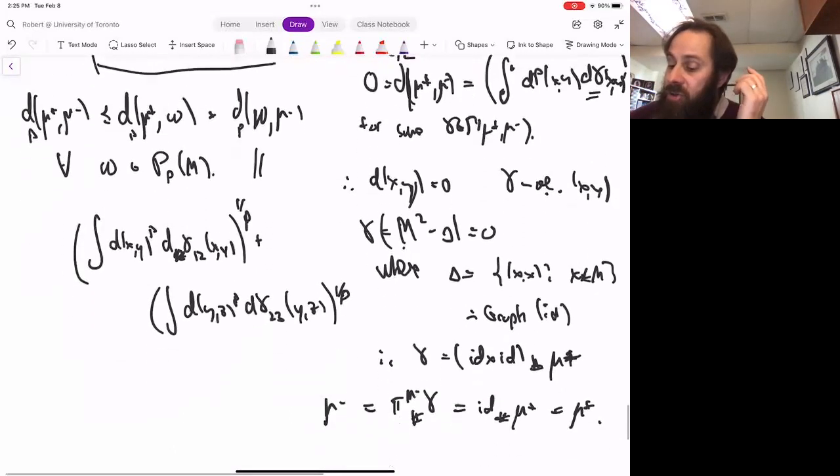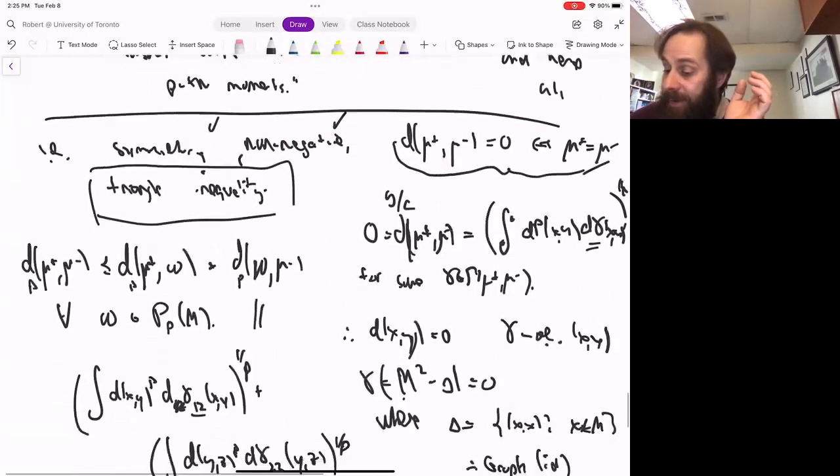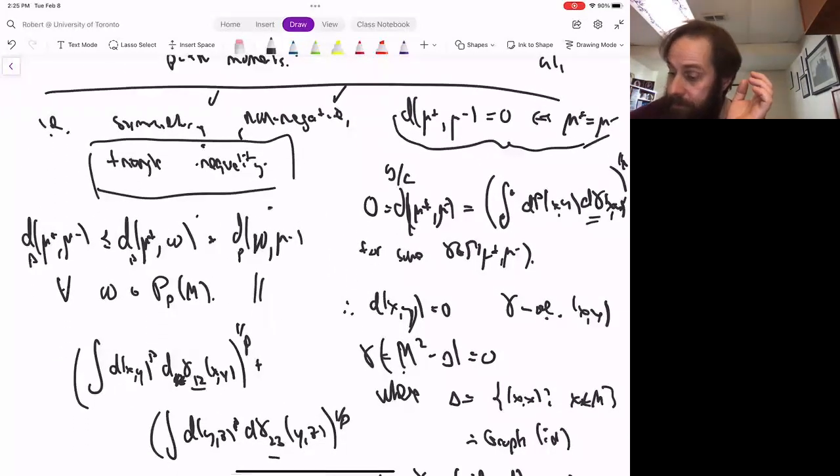Here gamma 1 2 and gamma 2 3 are the optimizers in the definitions of these two distances.